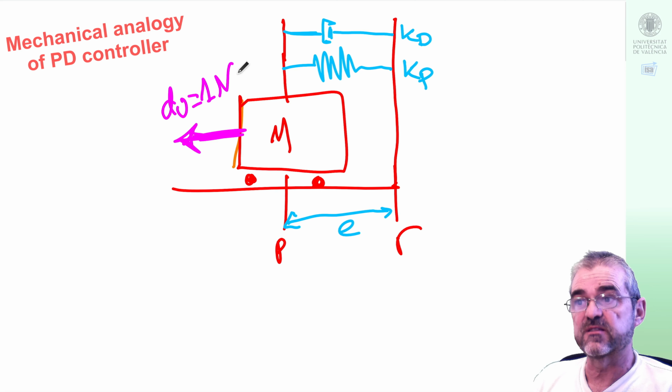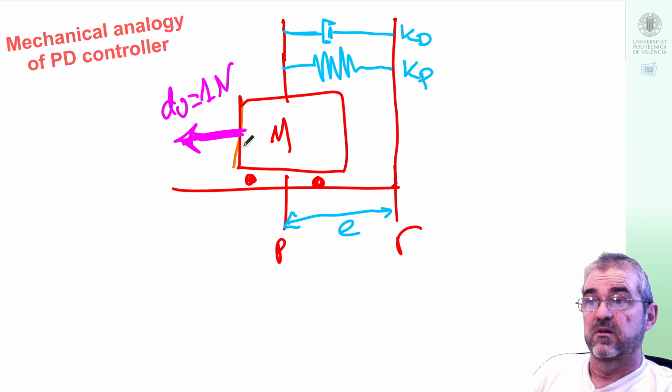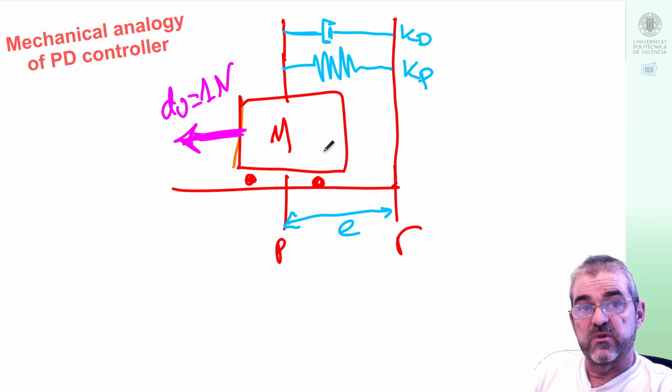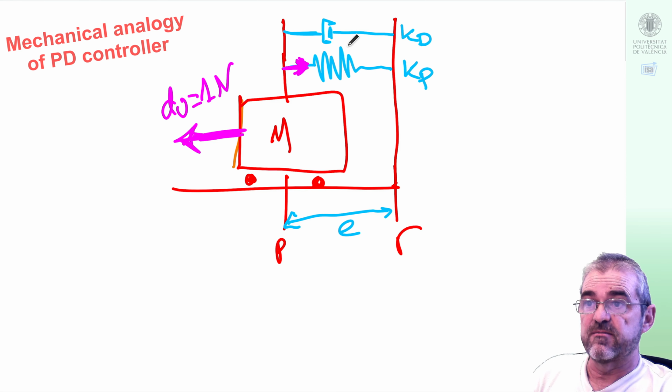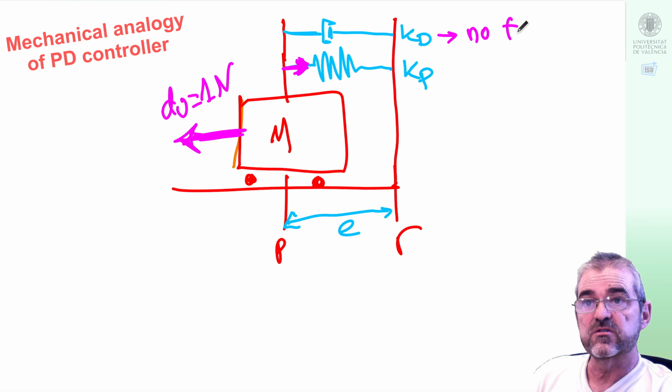So let us assume that some wind or some non-horizontal slope is pushing left with 1 Newton of force. Then the only way in which equilibrium can be reached is if the force balance is 0. As in equilibrium everything will be at 0 speed, this damper will make no force in equilibrium.